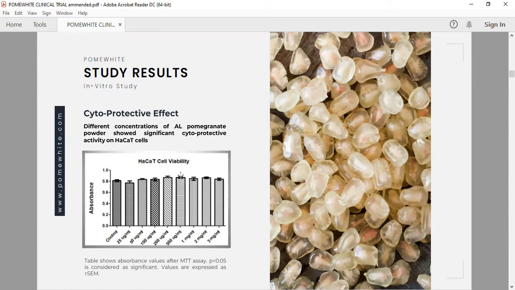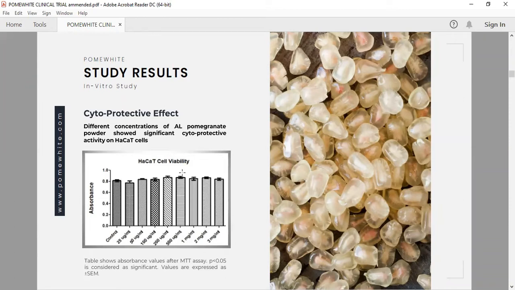So for further studies we choose basically two concentrations. One is this 500 microgram, and the other one is 1 mg, because in the other assays that we have done on some other concentrations, we got the best result with 500 microgram and 1 mg. So the in vitro dosages of Pomewhite are 500 microgram and 1 mg per ml, the best suited dosage for the cells.